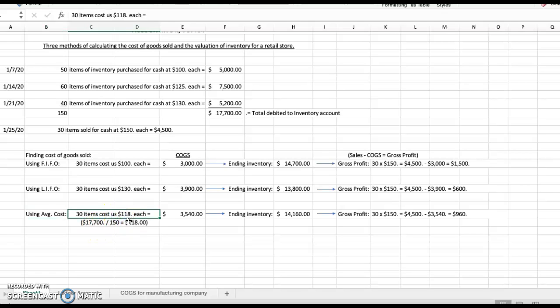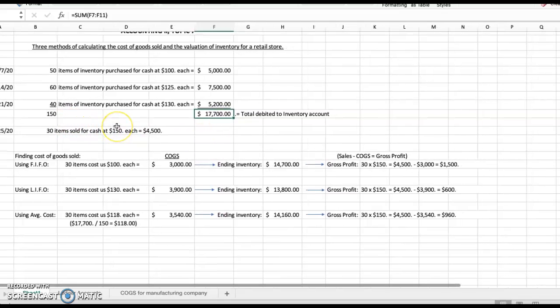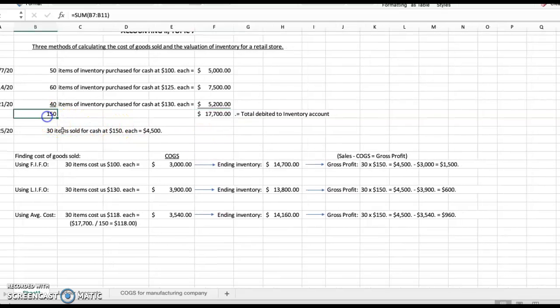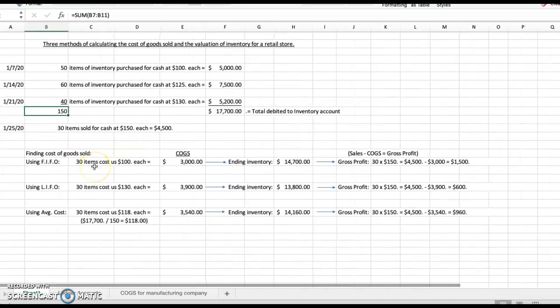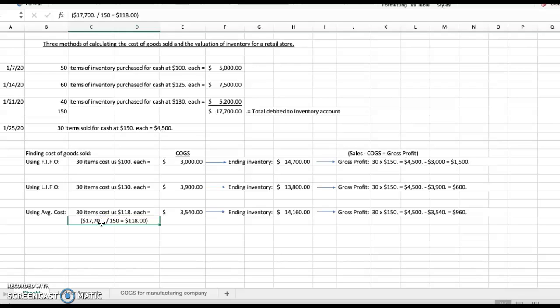If we look at the average cost, we need to figure the average cost of the things that we bought. We bought $17,700 worth of inventory, and that's based on 150 items we purchased. If we divide that, the average cost is $118.